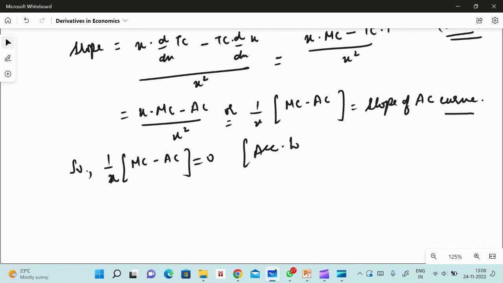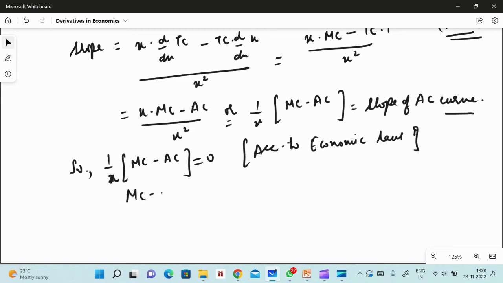How can we say that? This is according to economic laws, right? For minimum average cost, the slope of the average cost curve should be equal to 0.